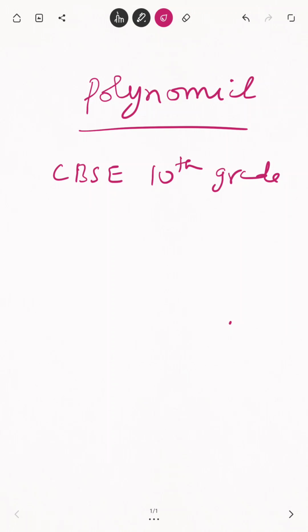Okay. In polynomials, one familiar question they usually ask in CBSE board exams, that question only I am planning to take now. Take the expression x square minus 6x plus 5. This is a polynomial.